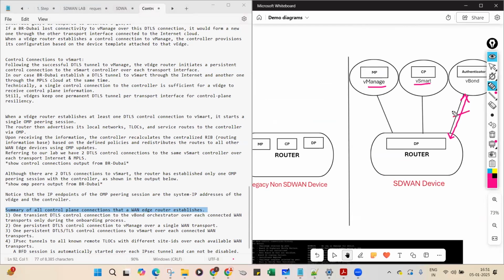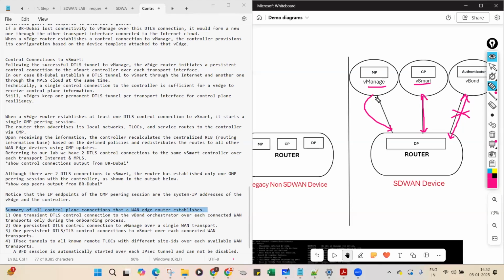Once that is done, this state is torn down. It will then form a DTLS tunnel with the vManage, and post authentication, get the configuration details via NETCONF over TCP port 80. It will then again authenticate with the vSmart, get the policies, and share the service routes information with the vSmart.